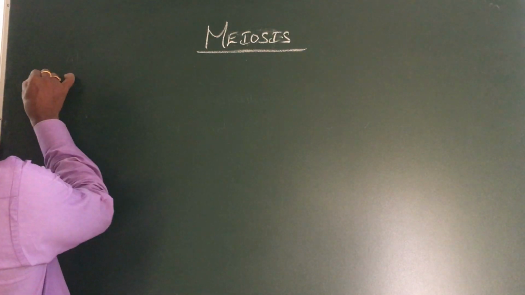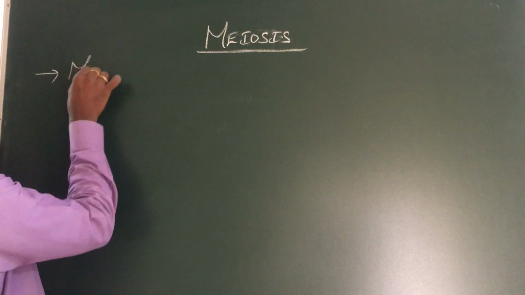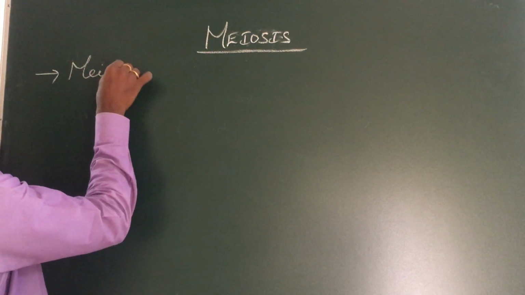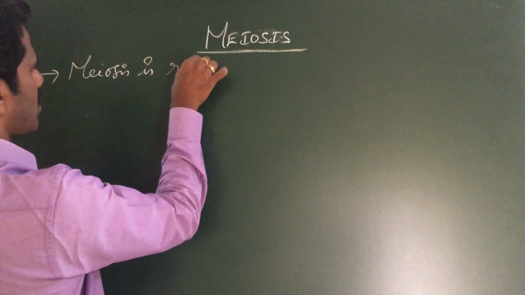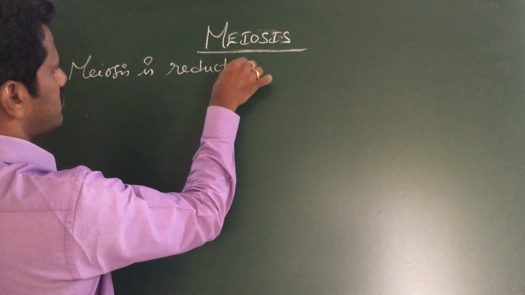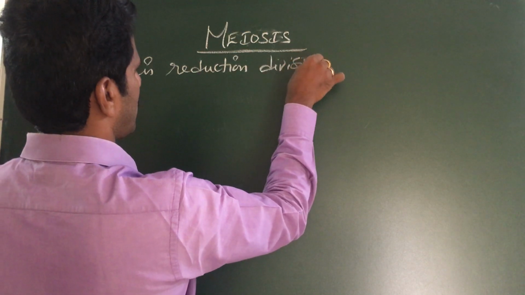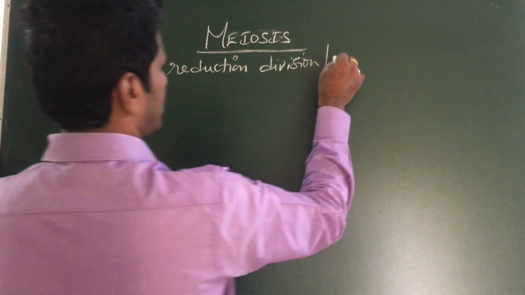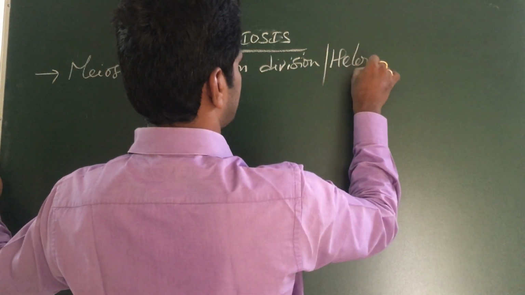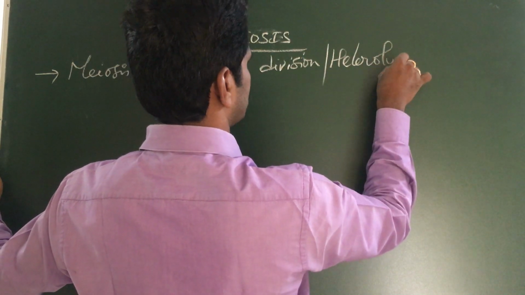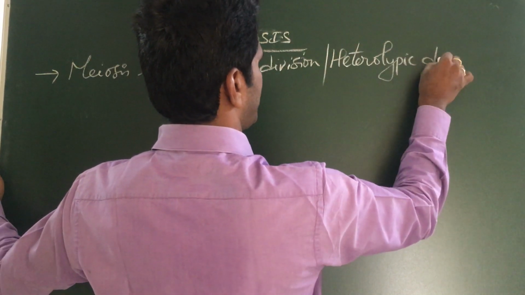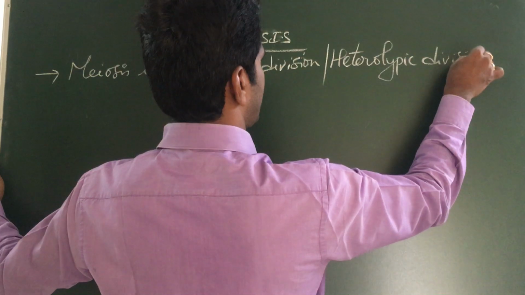Shortly, meiosis is reduction division or heterotypic division. Why?